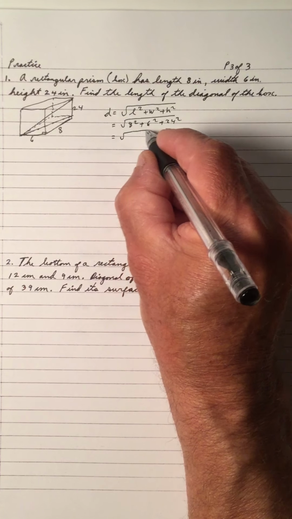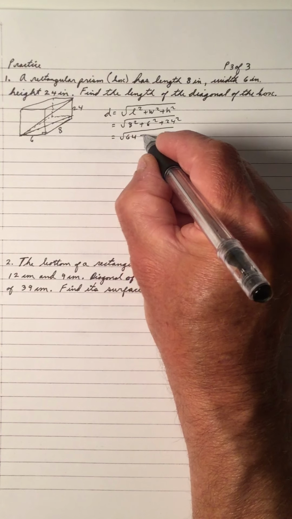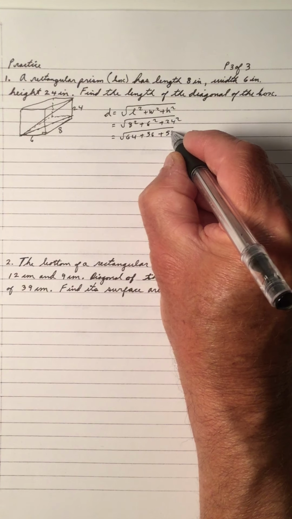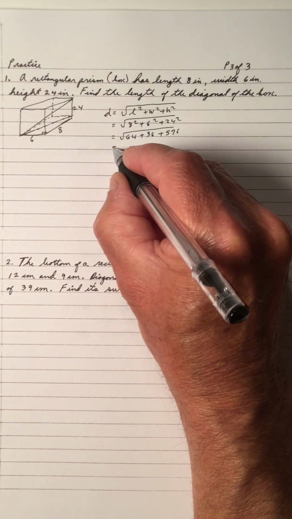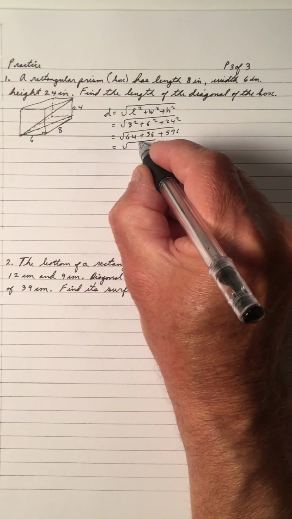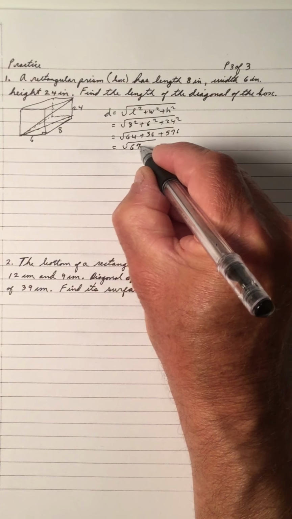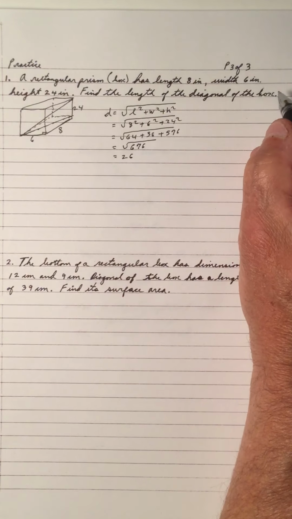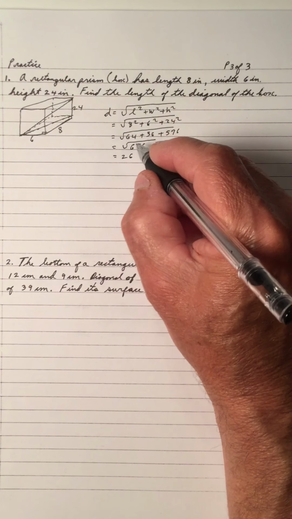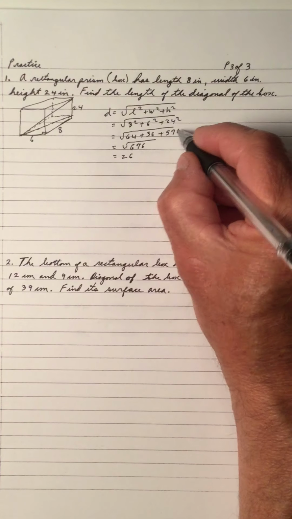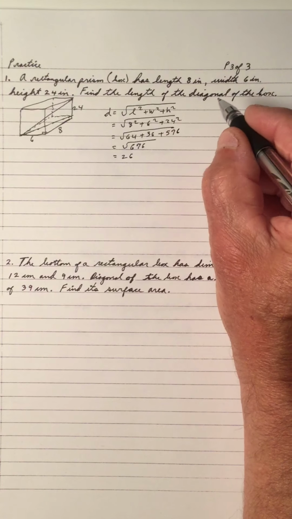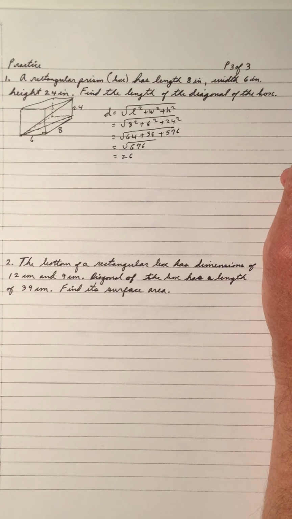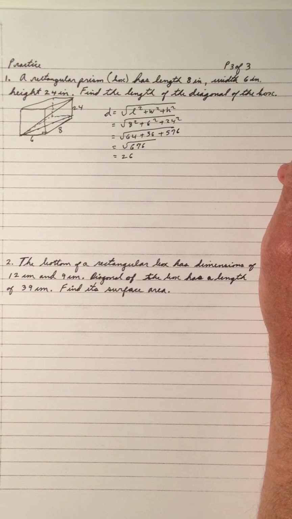So 8 squared is 64, 6 squared is 36, 24 squared is 576, and all together, when you add with a calculator, is 676, and so the diagonal of the box, square root of 676 on your calculator is 26. That's working it out with knowing the formula. Square root of length squared plus width squared plus height squared.